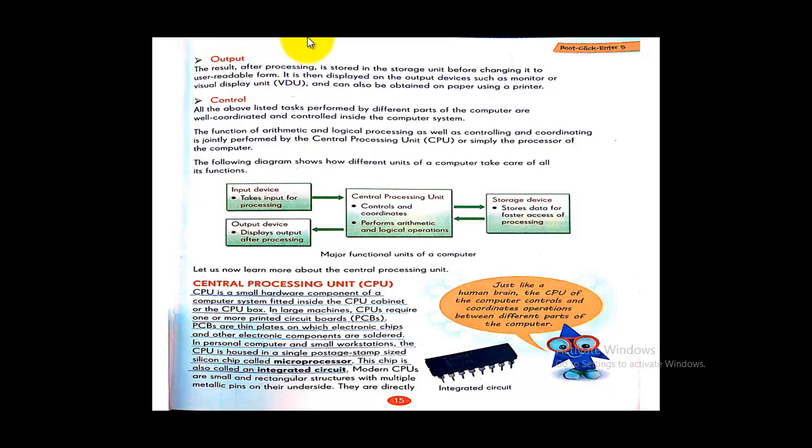Okay, and logical processing means logical operators like and, or, nor, etc., that we will study in higher classes. The logical operations as well as controlling and coordinating is only performed by which part of the computer? The central processing unit, that is the CPU, or we simply call it the processor of the computer.